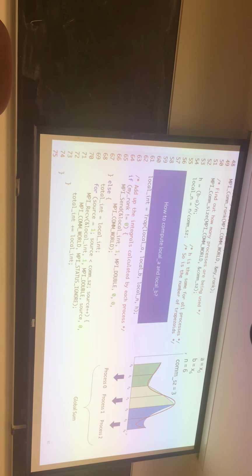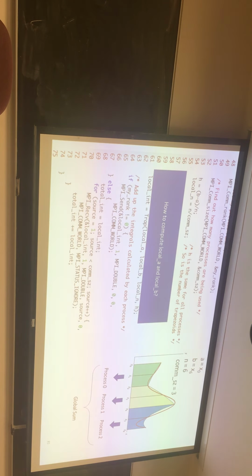Then you ask for the result from every other process. You start from 1 and loop through to the end. First you ask process 1, what's your result? You receive that, then you accumulate it to the total area. Then you go to process 2, receive the result, and accumulate it to the total. So now this is finished.